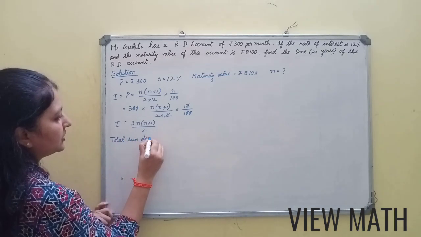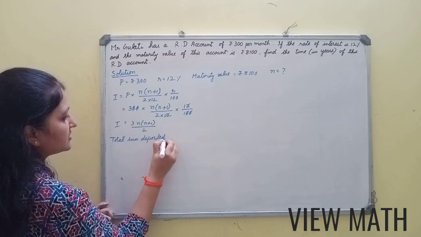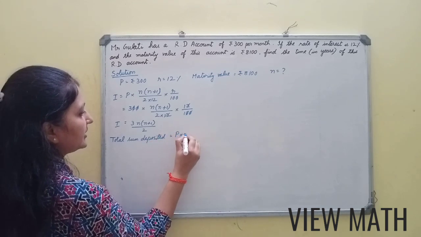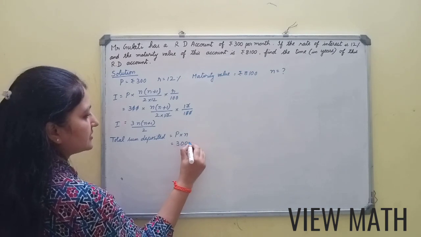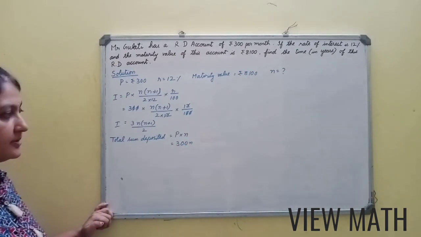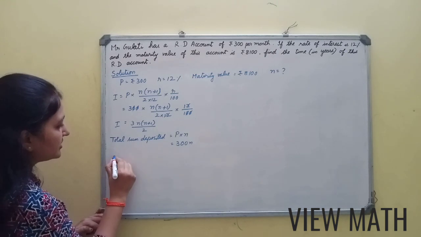Total sum deposited is equal to P into n. P is 300, n as it is, so 300n. Next, maturity value.